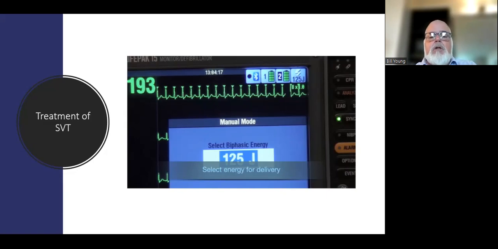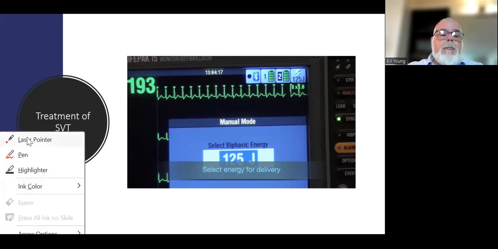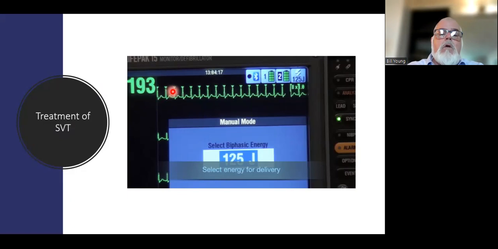Synchronized cardioversion is delivered at the peak of your QRS. One of the reasons is that is far away from the T wave. So we don't want that R on T, as Ahmad correctly shared with us a while ago. In doing so, you will now begin to see little markers that will come up here at the top of your QRS.